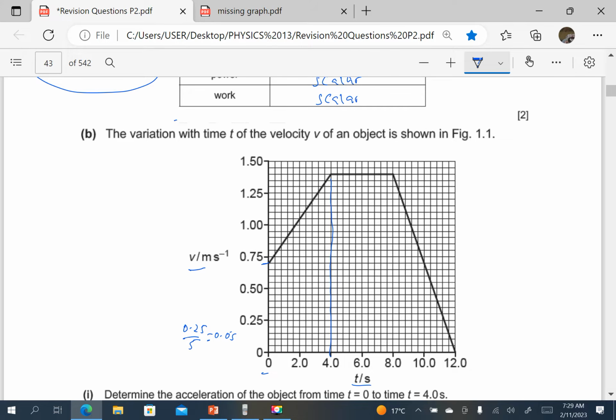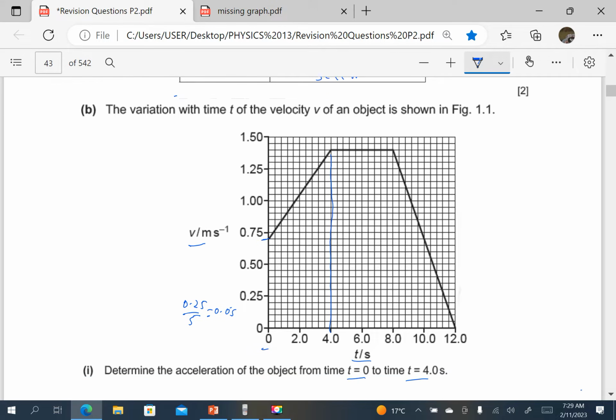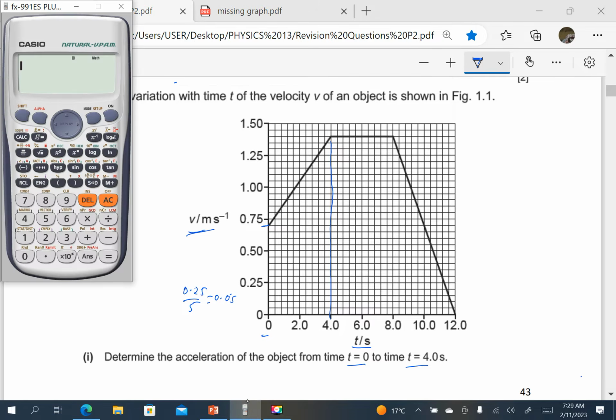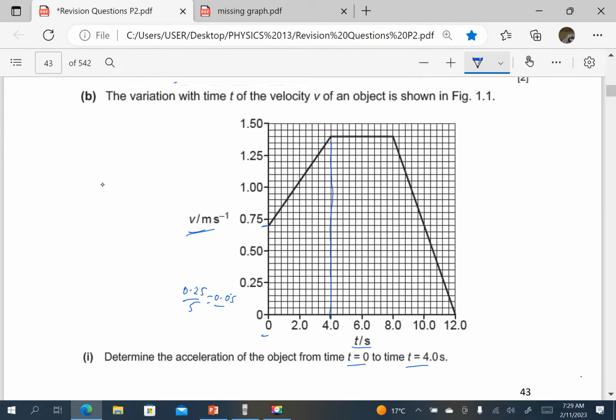Then the variation with time t of the velocity v of an object is shown in the figure. It is a graph of velocity against time. Our scale is 0.25 divided by 5, that is 0.05. One small square on the vertical is 0.05, which means this point here is going to be 0.7.